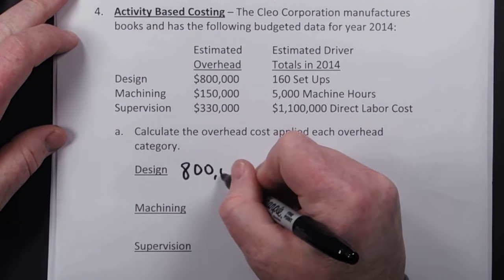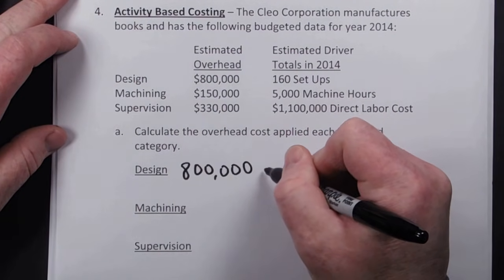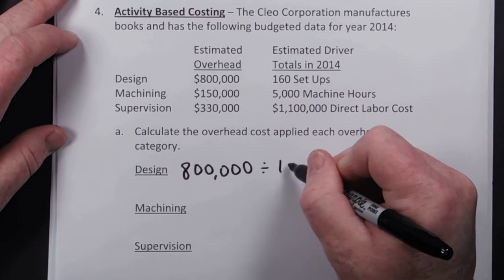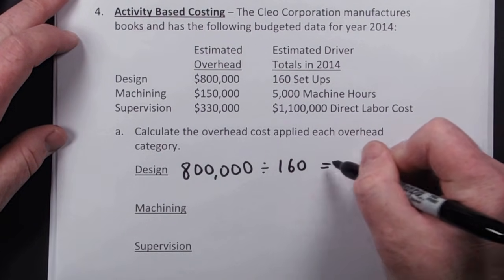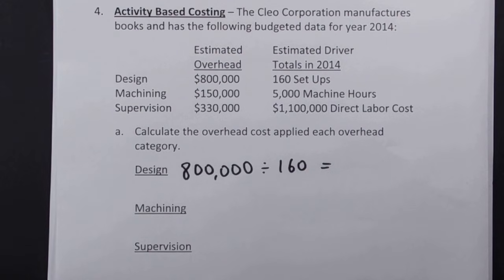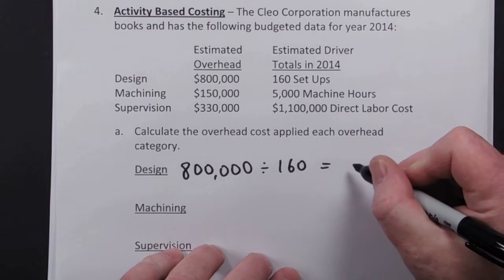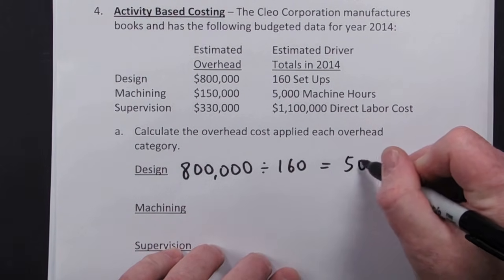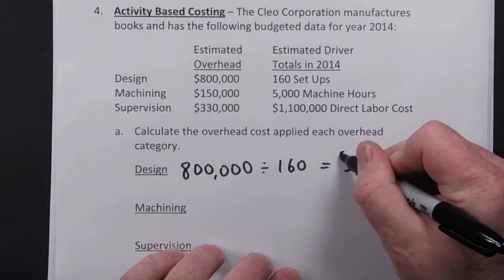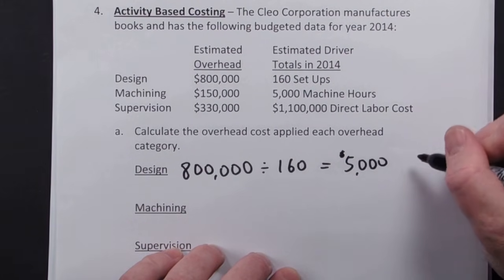Okay, page 4. 800,000 of overhead for design divided by 160 setups. So we're going to have $5,000 per setup.